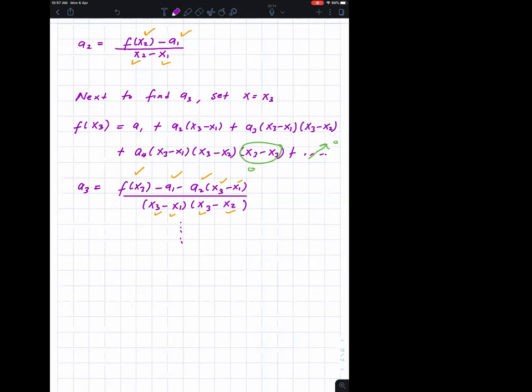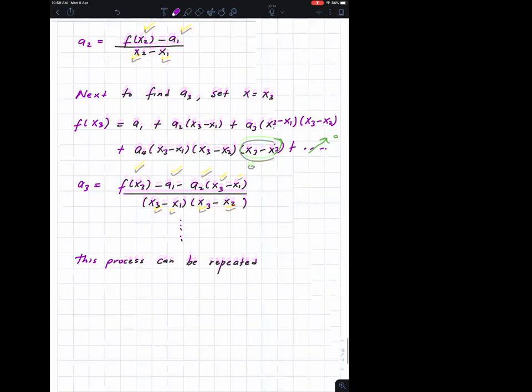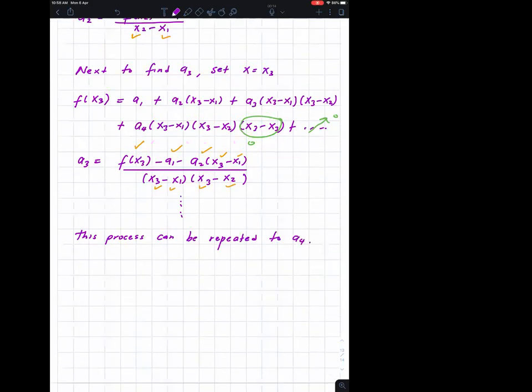This process can be repeated to find A4, A5, A6, and the rest.